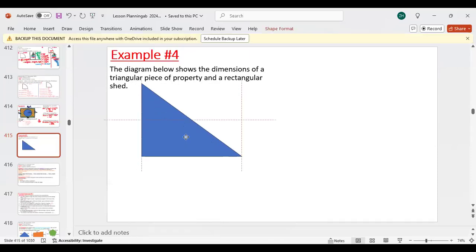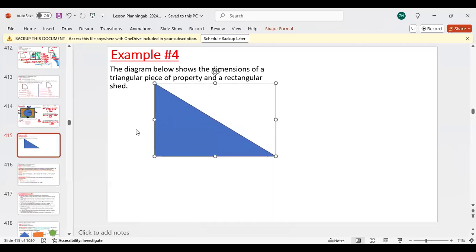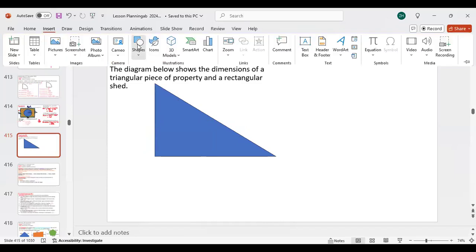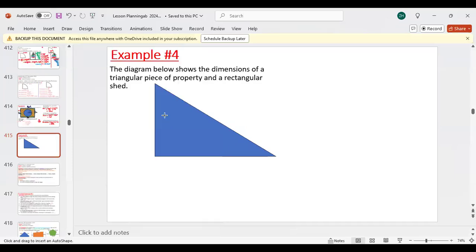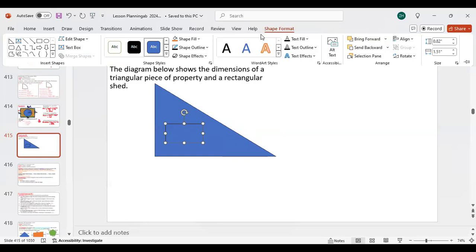I don't know if y'all could see it, but what type of triangle do you think this is? Right angle triangle. What gives it away? The big L. Yeah, the big L gives it away right away.